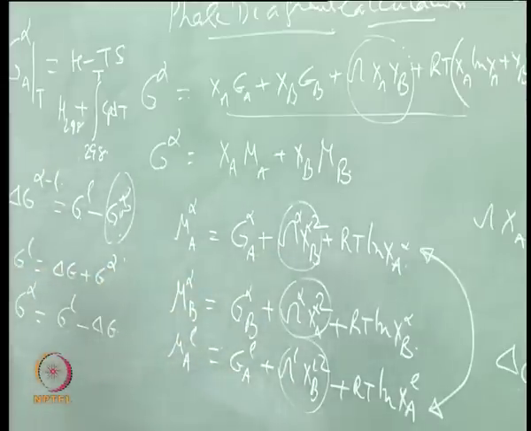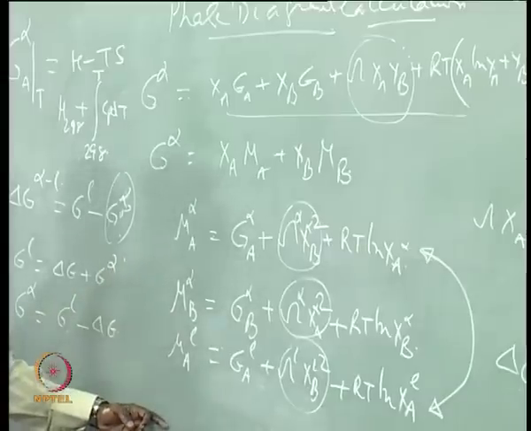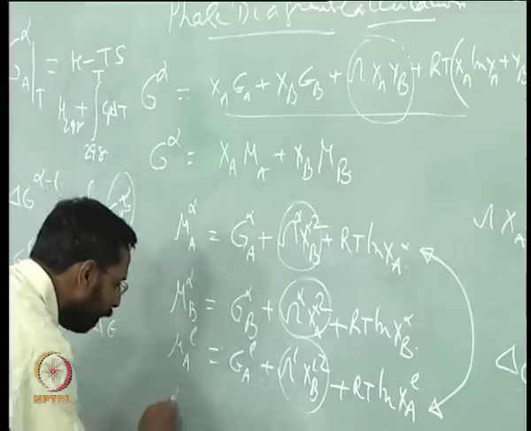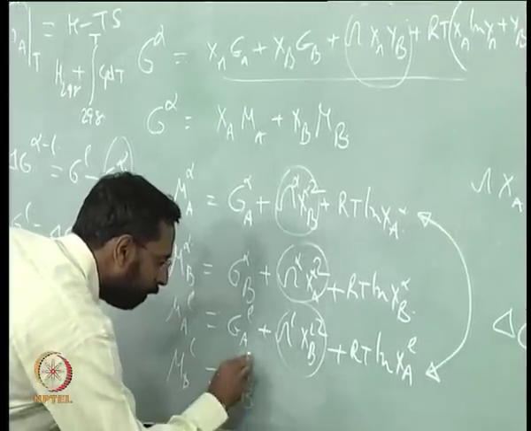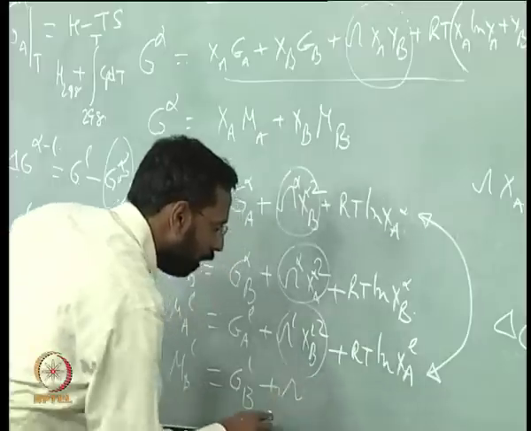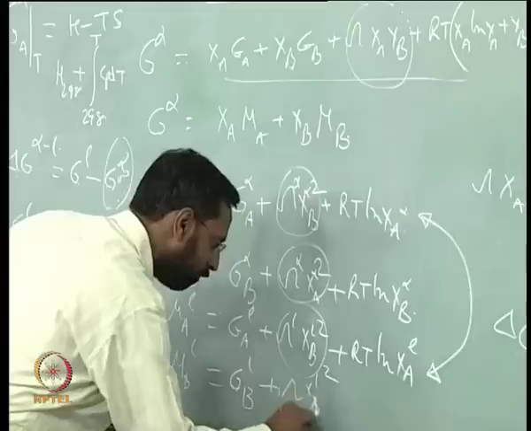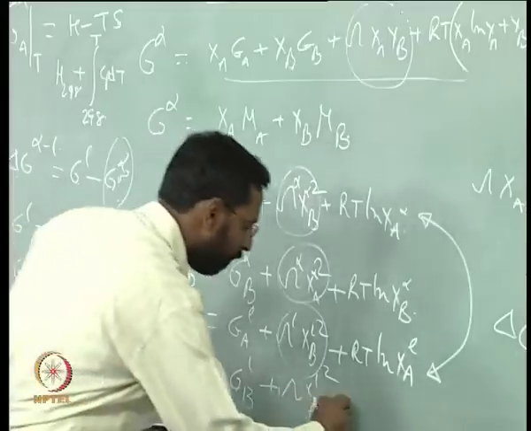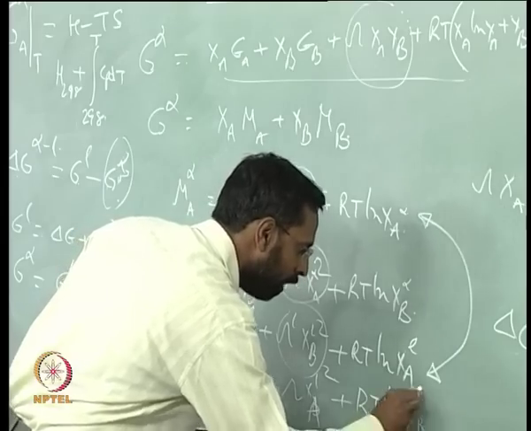Once I know the interaction parameters I can happily plug those numbers in and equate this to this and that to another, which is nothing but mu B liquid is equal to G B liquid plus omega into x B liquid square x A liquid square plus RT ln x B liquid.